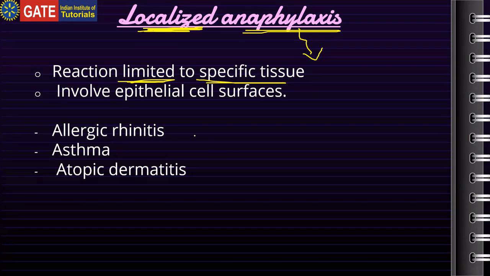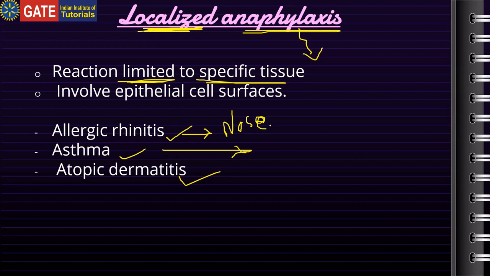An example, look into this. Allergic rhinitis, asthma, atopic dermatitis. What is allergic rhinitis? Severe running nose, correct? And this is very specific to what? Nose only. Asthma, severe constriction in the bronchi. So it is very specific to what? Only to the bronchi.